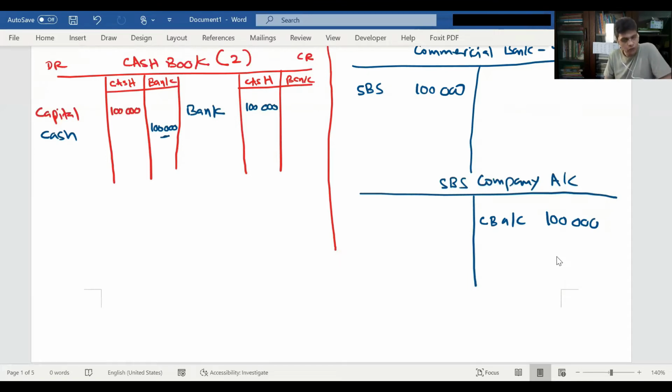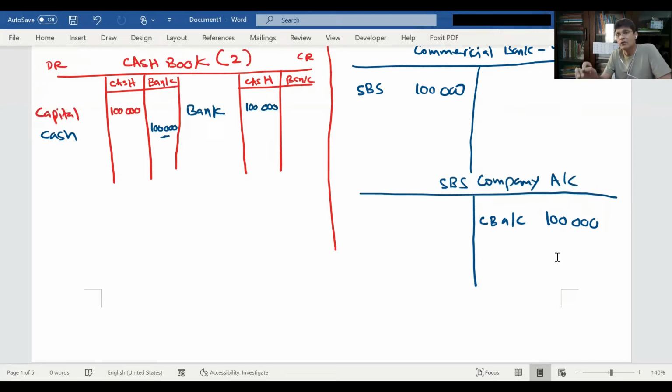Okay, so after opening a bank account, now at the end of every month, this is very important. At the end of every month, the SBS company accountant has to close his books of accounts, right? In the meantime, the commercial bank accountant will also close his books of accounts, right?